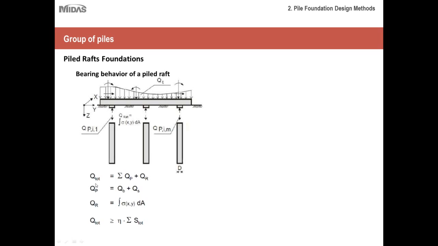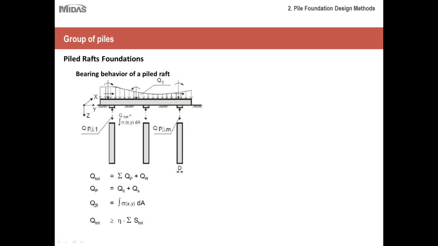If we just go by simple mathematics, we'll see that the total bearing capacity is actually a summation of the bearing capacity of the piles plus the bearing capacity of the raft. And the pile bearing capacity, as we saw previously, is the summation of end bearing capacity plus the skin friction capacity or shaft resistance.